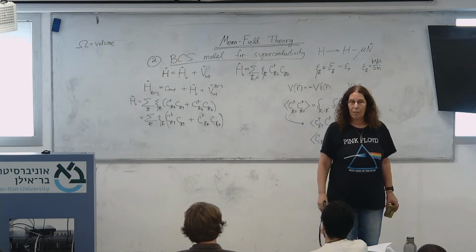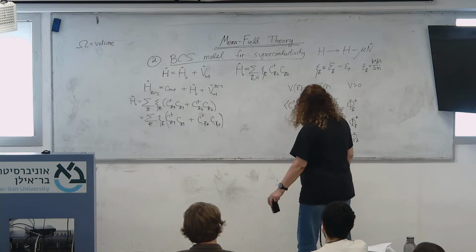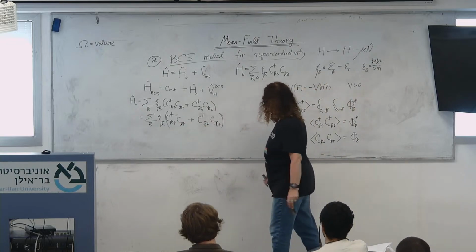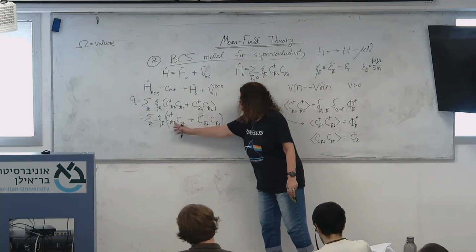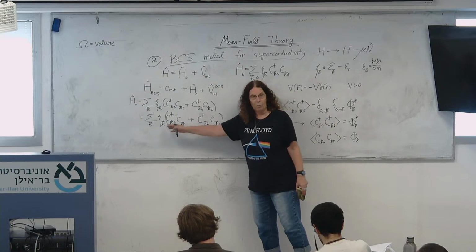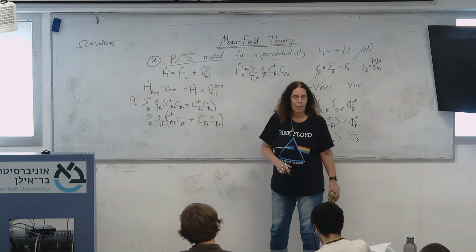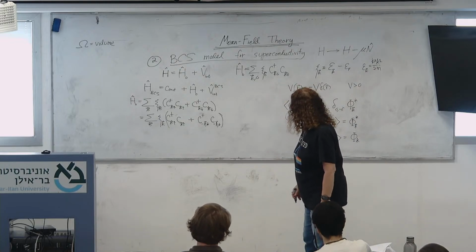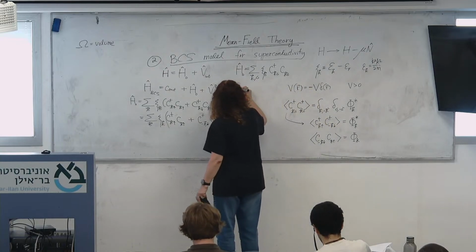Now, why did I write it like this? Because you see that now I want to have combinations that always have some k and minus k, and spin up and spin down. In other words, I can actually define a single index.